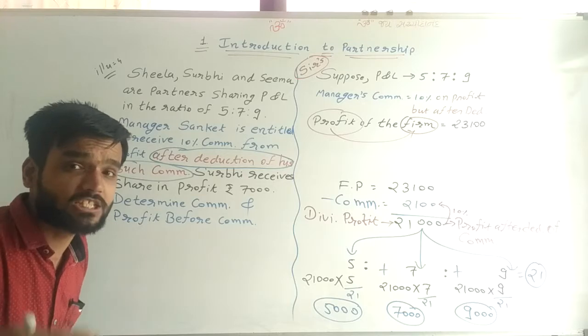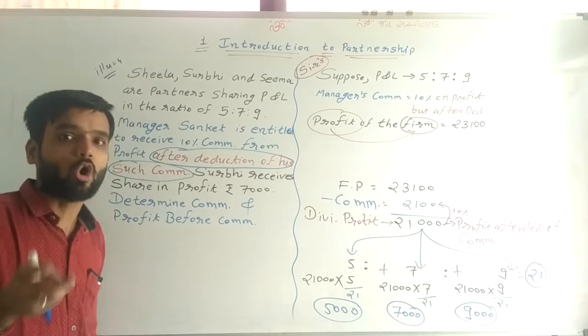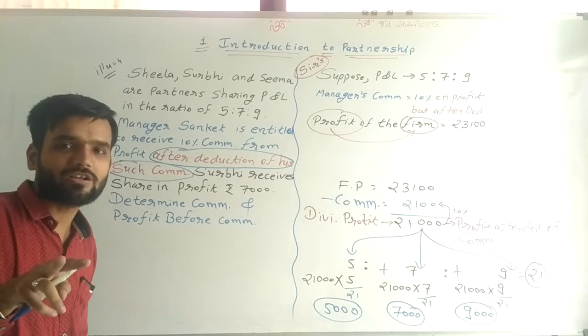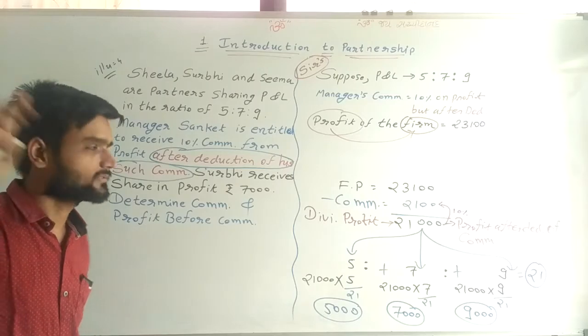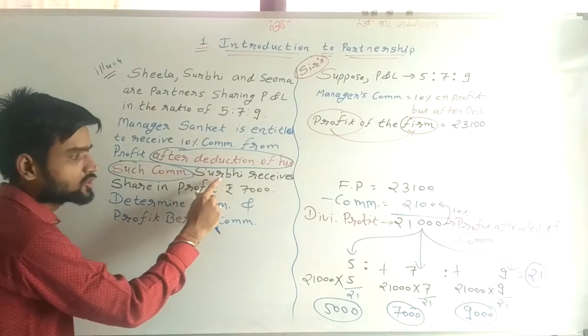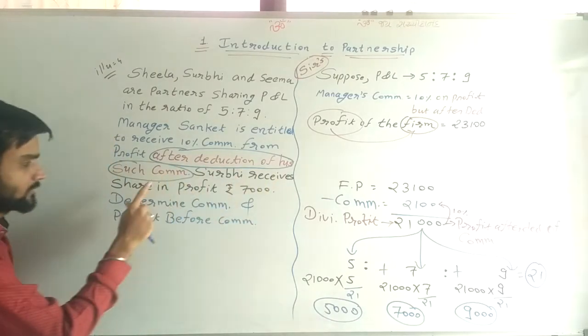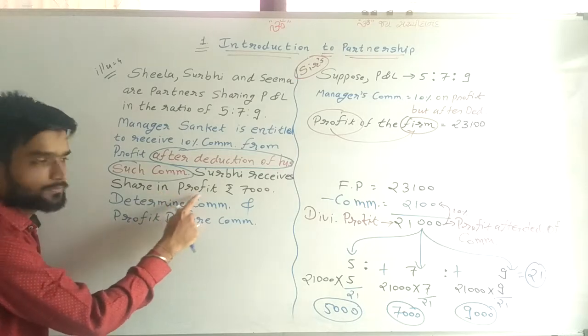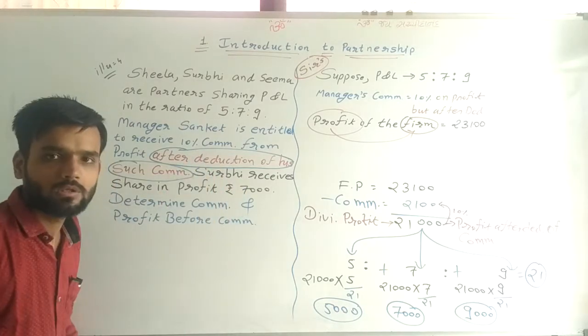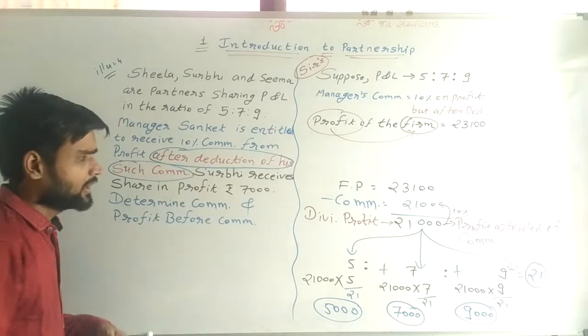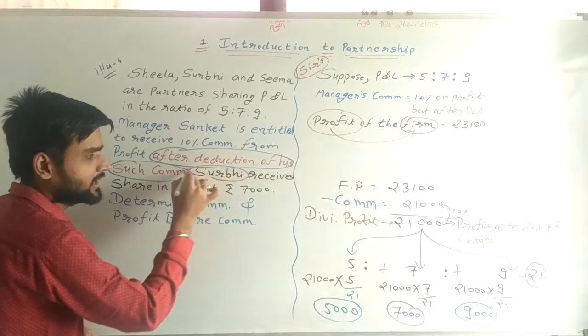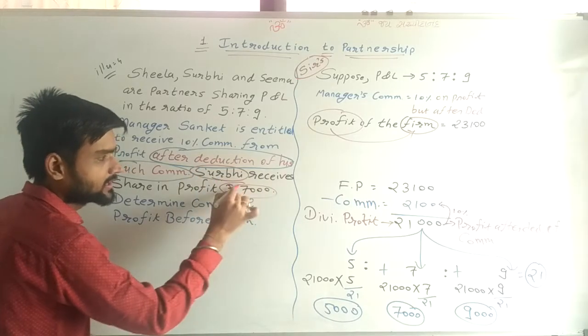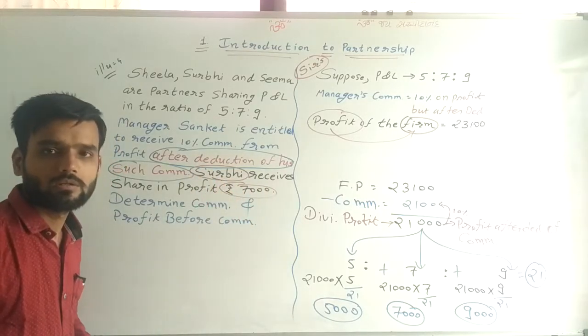Now see, what is given to you? Divisible profit given or firm profit given? See here, Surbhi receives share in profit rupees 7,000. Now sir, here Surbhi received 7,000 is given.